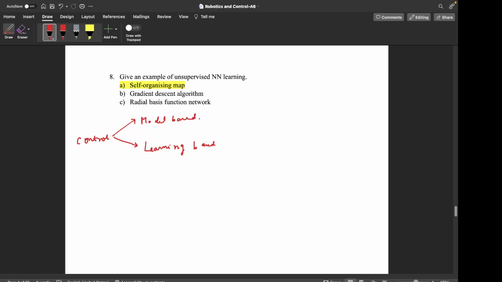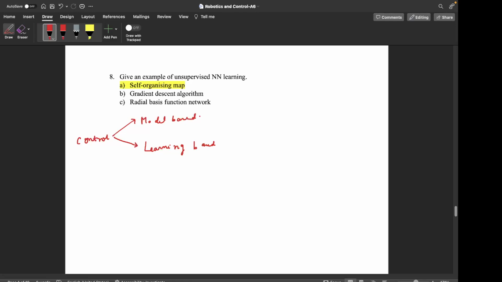So in model based, we formulate the model mathematically, as accurately as possible, or as per our requirement, and then we use some classical control algorithms, let's say feedback control, to find out the control commands.